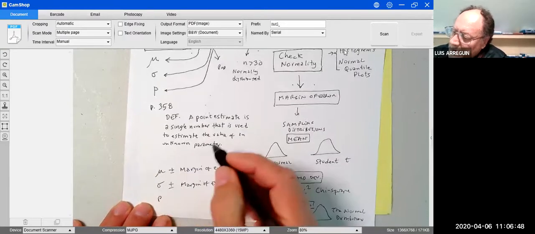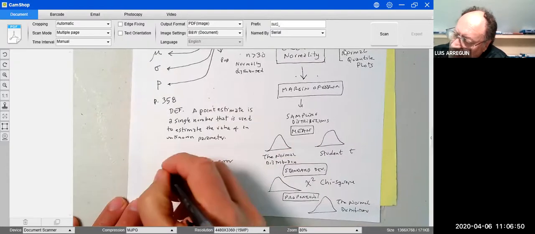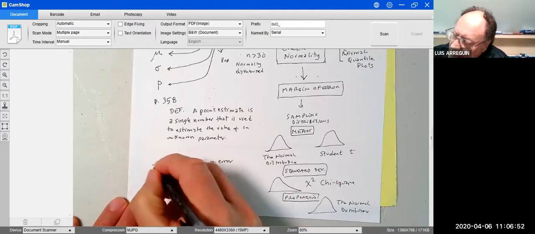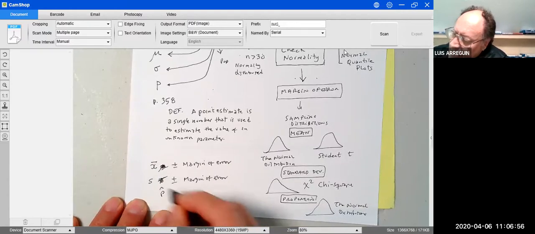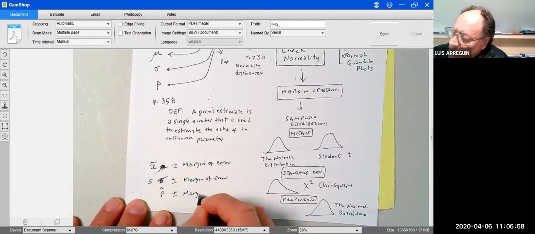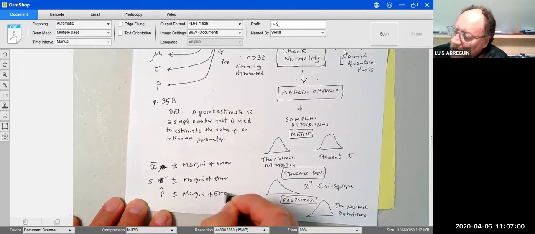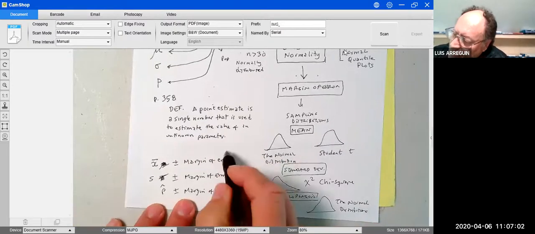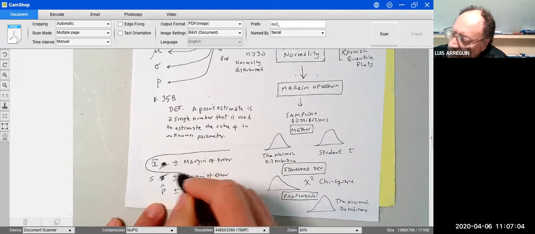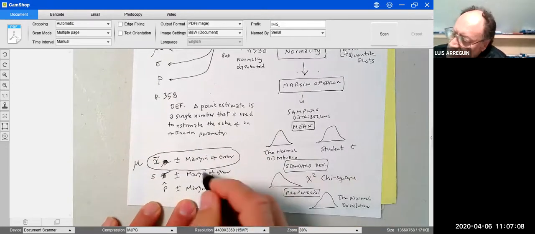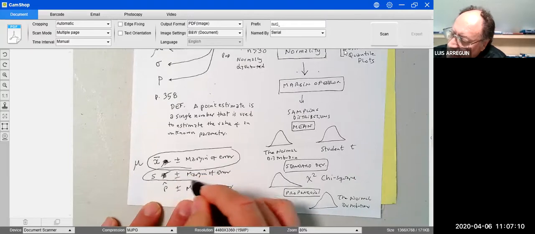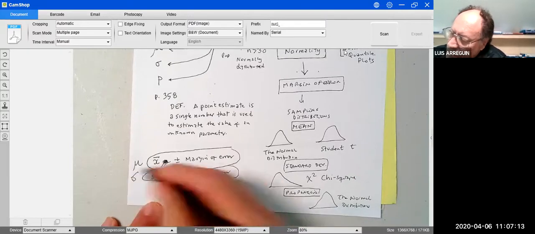For example, we're going to use p hat plus or minus a margin of error. This is the way that we're going to compute an interval for the mean of the population. This is the way that we're going to compute an interval for the standard deviation of the population.